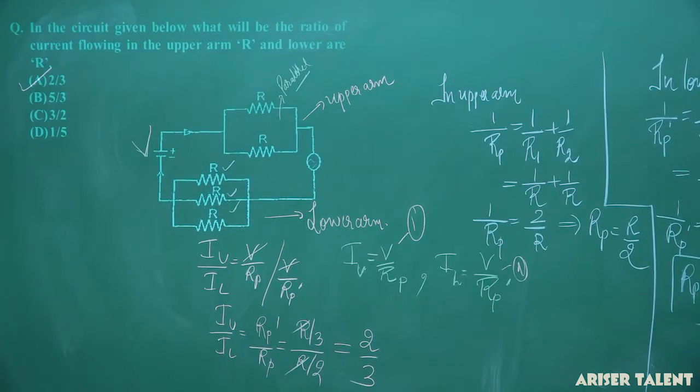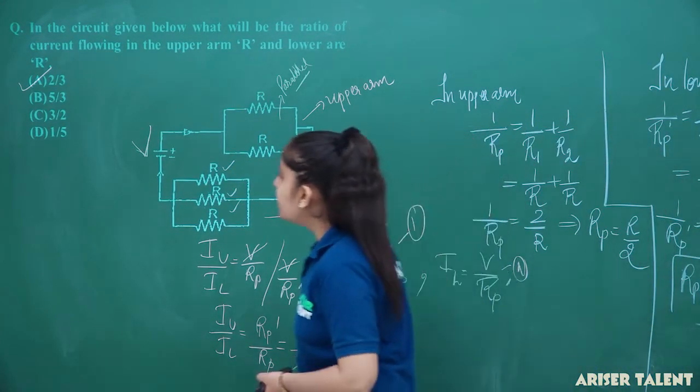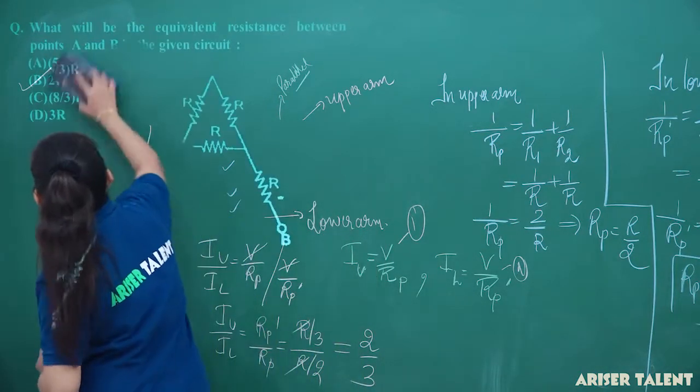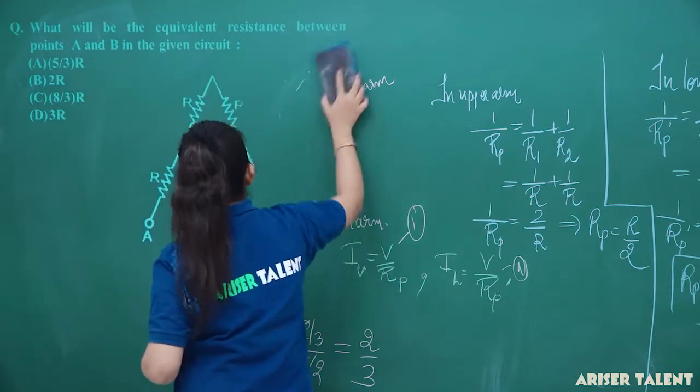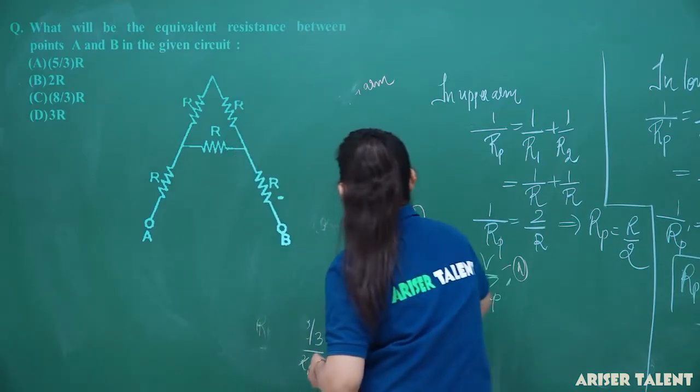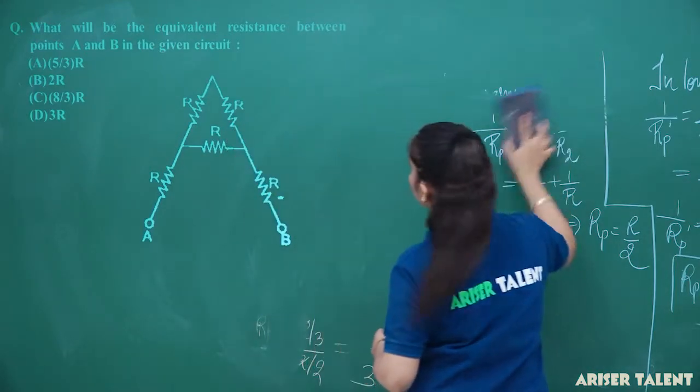Now, let's begin with the next question in this sequence we have. Again, you are provided with a combination of the resistances in this circuit diagram.